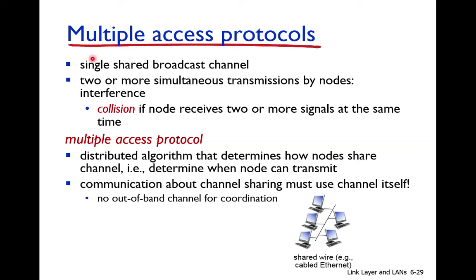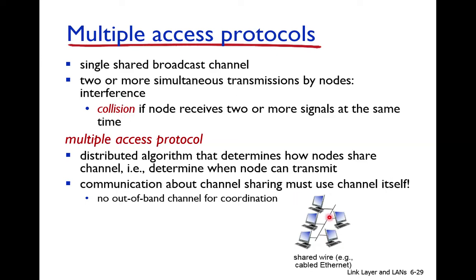So how can this single shared broadcast channel be shared? Because two or more simultaneous transmissions by nodes will cause interference and lead to collision.